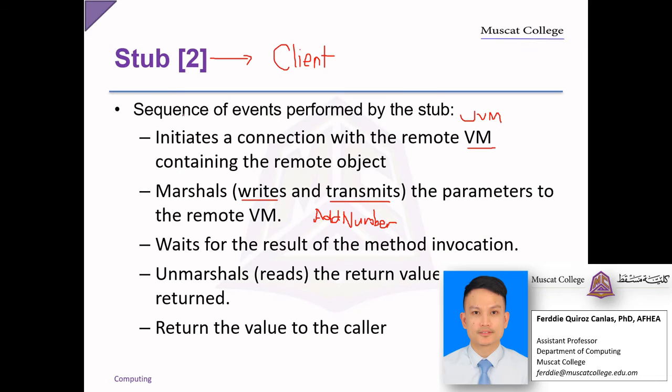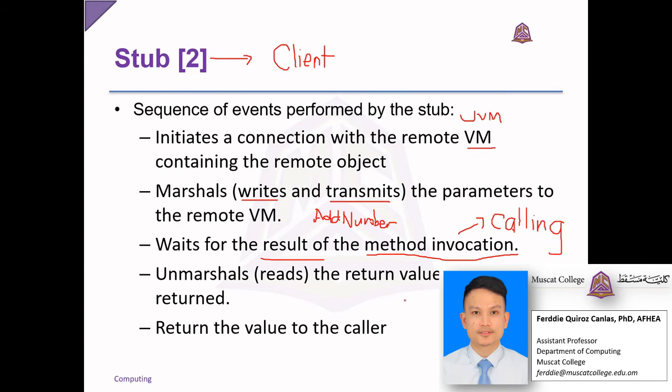After this, the stub will wait for the result of the method invocation. Invocation means the same as calling, when you call a method. So it waits for the result of the method invocation.